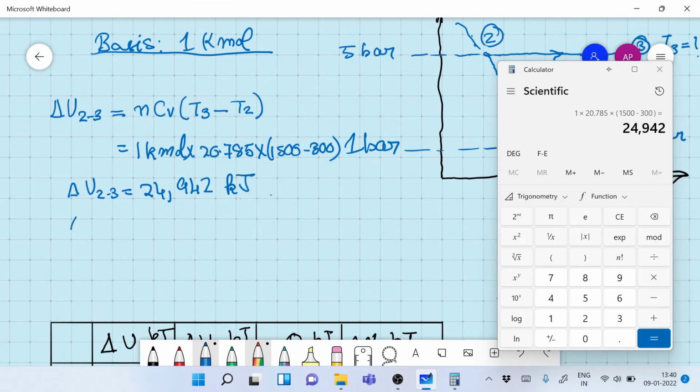Now, the change in enthalpy is equal to N into Cp into T3 minus T2.